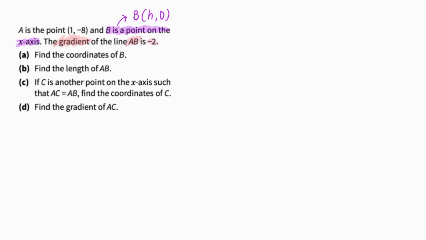So from here, I would need to remember gradient m is equal to y2 minus y1 over x2 minus x1. Okay, so for part A, with these pieces of information, we are able to solve for coordinates of B.